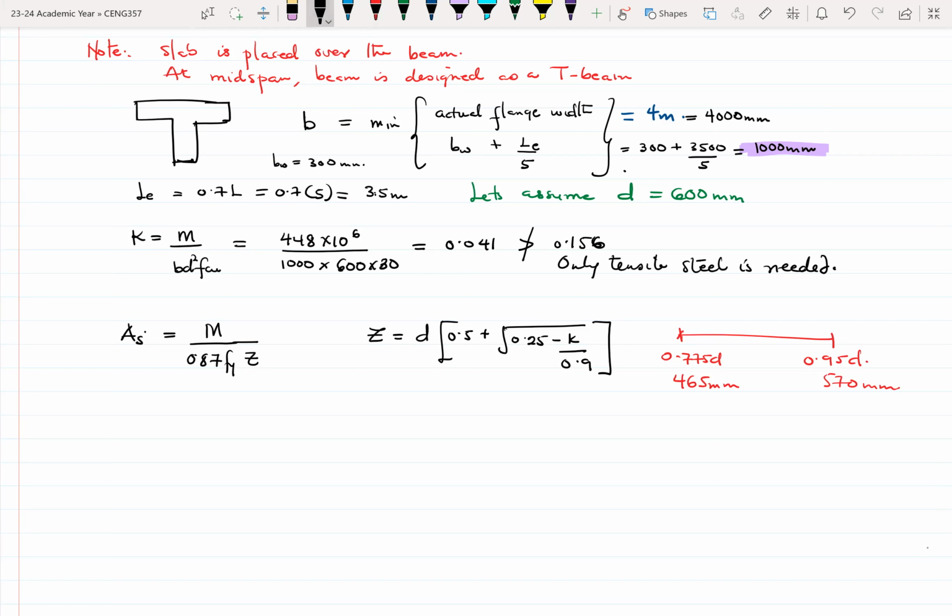So now let's find Z and see the range for Z. So Z is going to be 600, 0.5 plus square root of 0.25 minus K, which is 0.041, over 0.9. So let's see what we'll get from here.